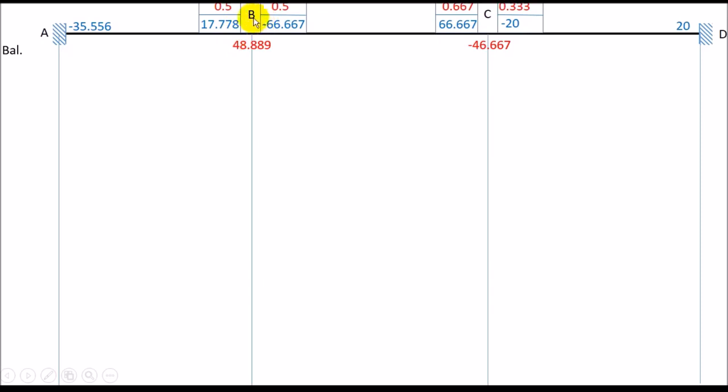Thus, to balance it, my beam will apply a moment of 48.889. This is the first balancing step. Okay, second step is the distribution step, that is the contribution step, as you can see. So contribution by this would be 24.445 and again 24.445.